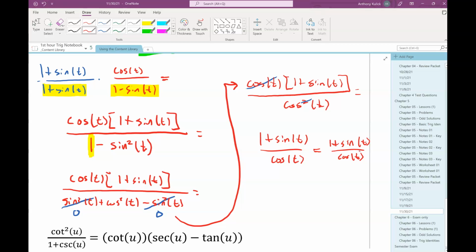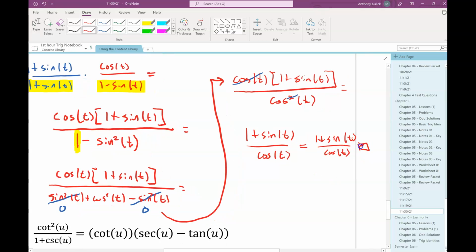So far, so good? There's no more farther that we have to go. That's the end of that one anyways.